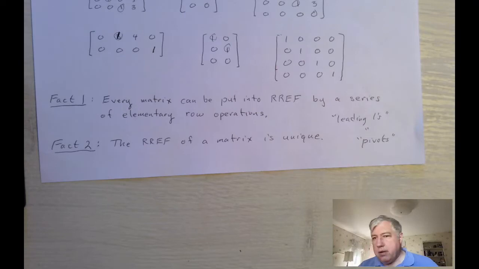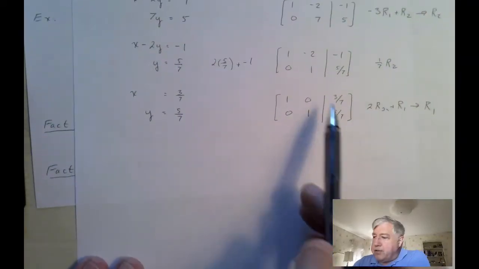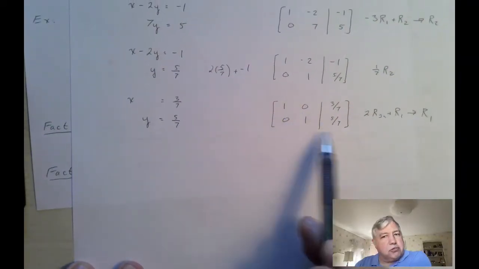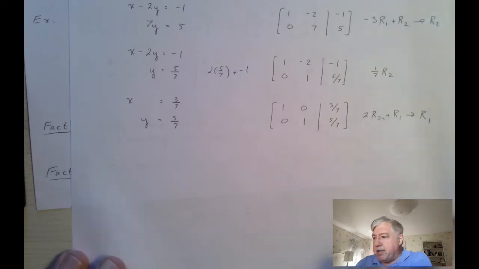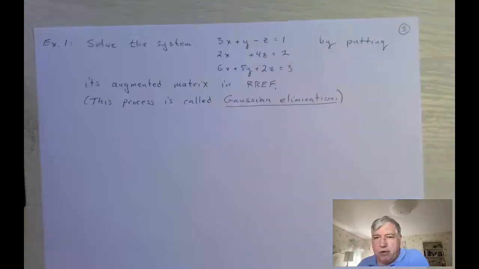Okay. For example, back in our example here, this matrix is in reduced row echelon form. Okay, and we can just read off our solutions that way. Okay, so I want to just give you a couple of examples of how we would do this.